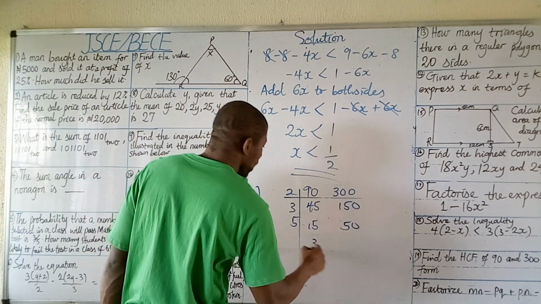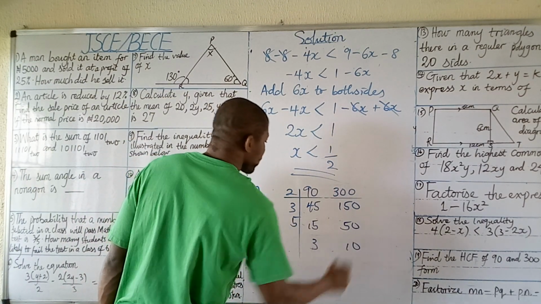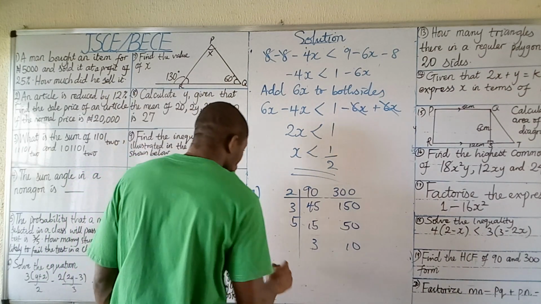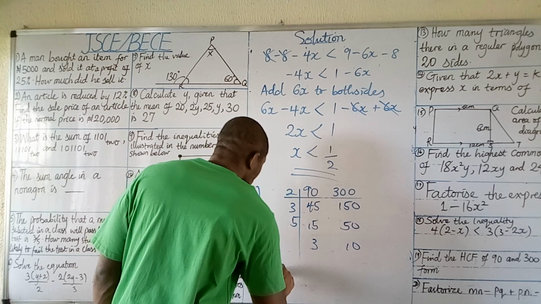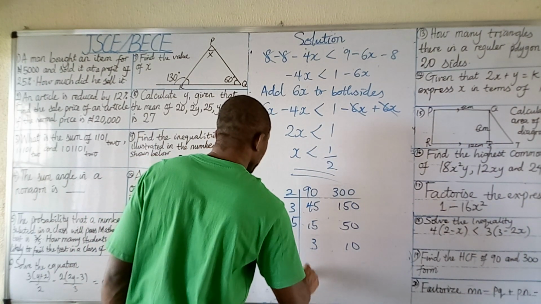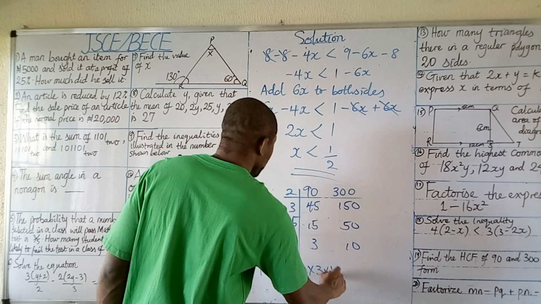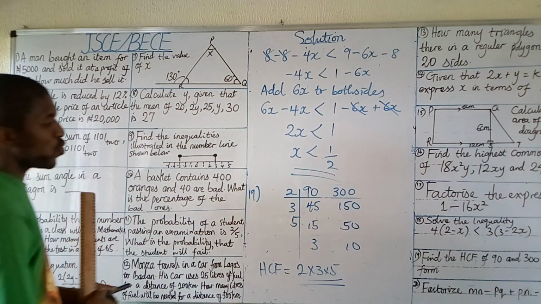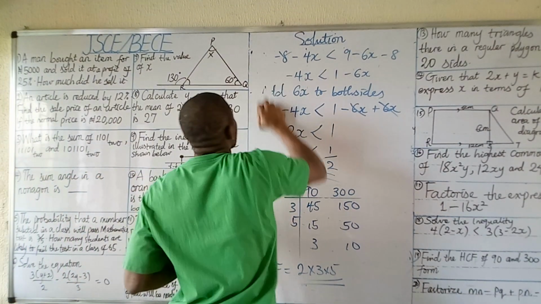5 in 15 is 3. 5 in 50 is 10. So no number can divide all of them at once again. So our HCF in index form will be 2 times 3 times 5. This is our answer. Next is question 20.